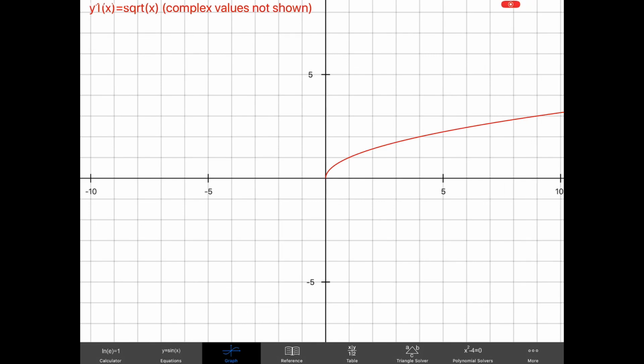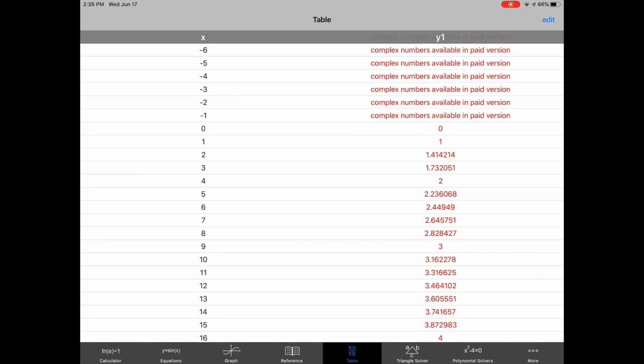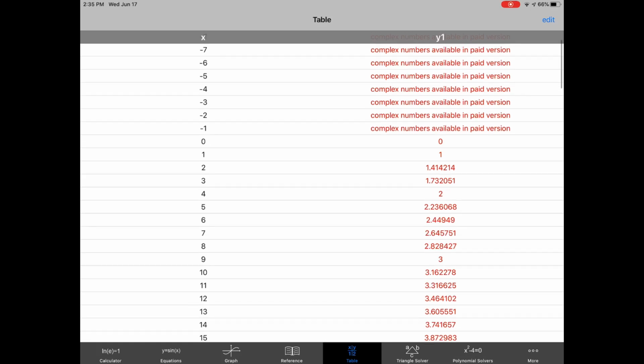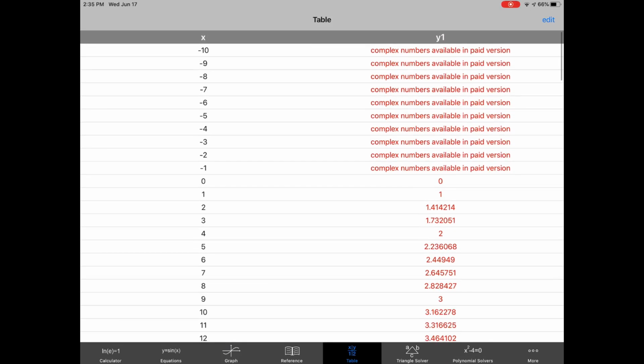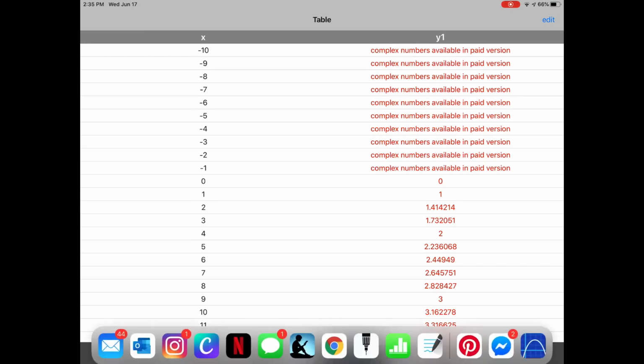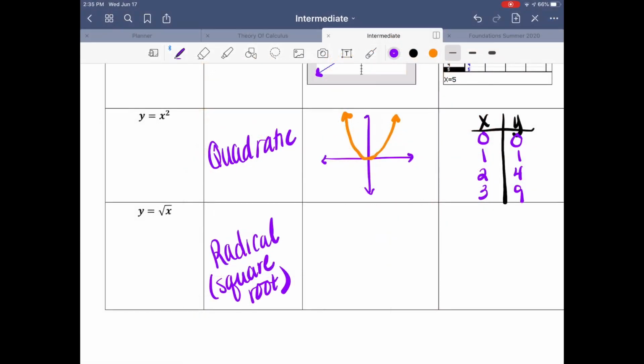It starts at the origin and then kind of goes up and to the right. And then if you look at the table, we have lots of decimals here. Now look here. In the negative numbers, it says complex numbers available in paid version. So I have the free version, but basically what it's telling me is that it cannot do these numbers, and I'm going to show you why back here.